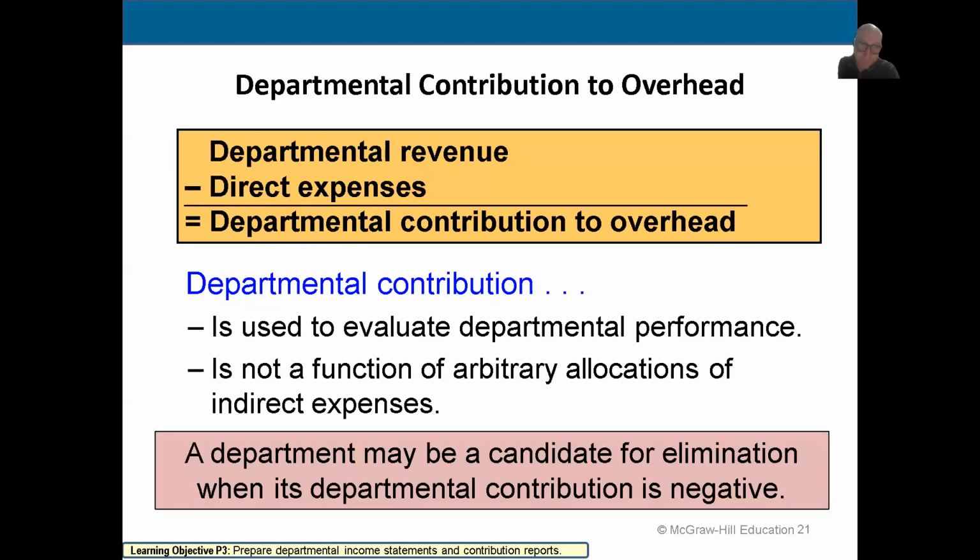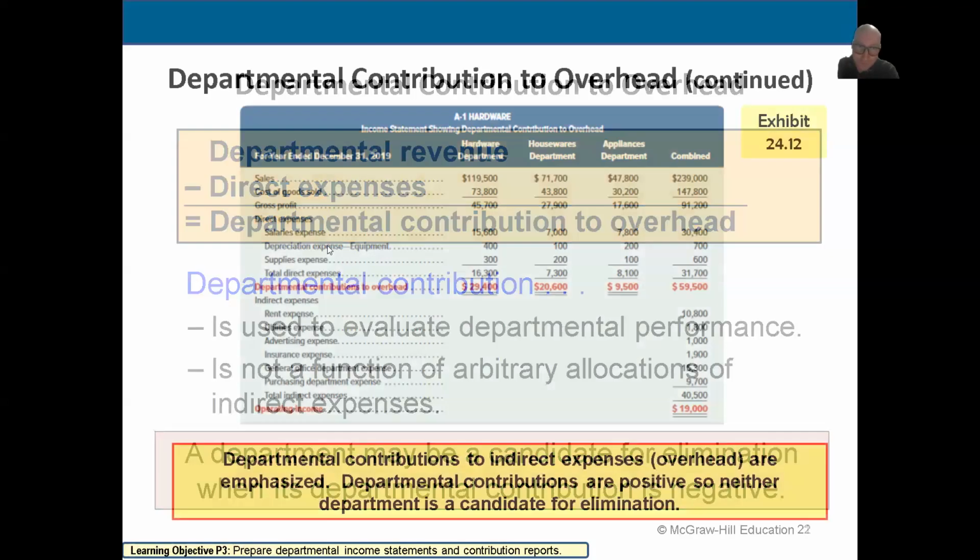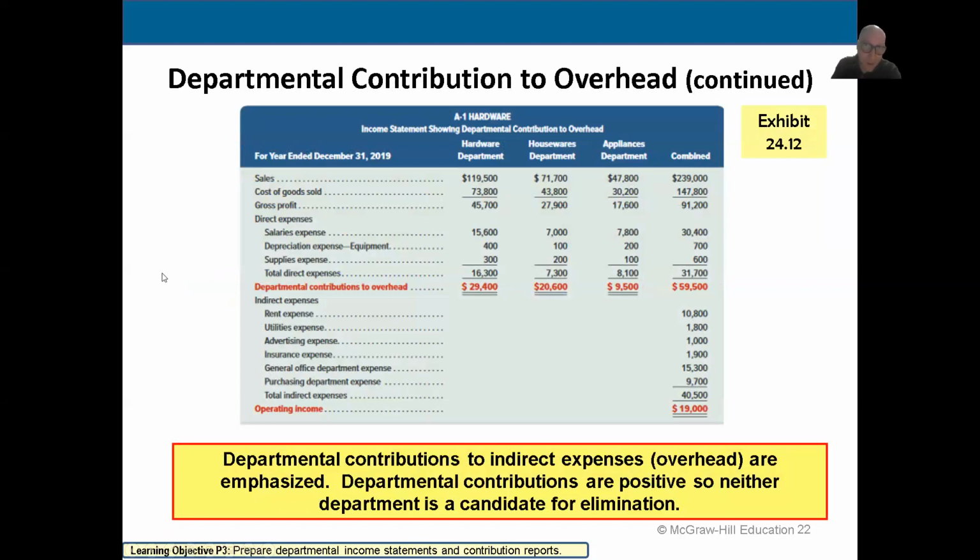So they eliminated it. Happens. Department contributions are emphasized, of course, because it's important to understand the contribution margin from each department and understand if it's generating true revenue for the store.